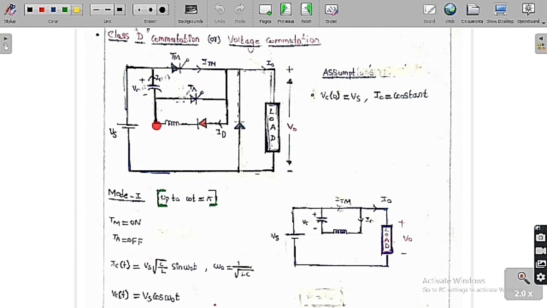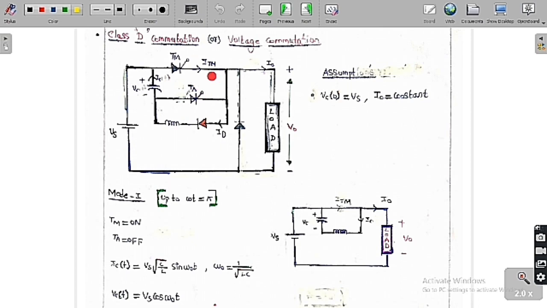In the previous case, class B, there is a capacitor, inductor and diode in a certain format, but here we reverse the direction and move the capacitor upward. So this is the capacitor, auxiliary thyristor, inductor and diode. With this combination, we make TM turn off.